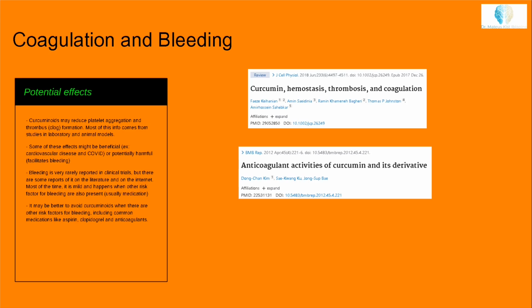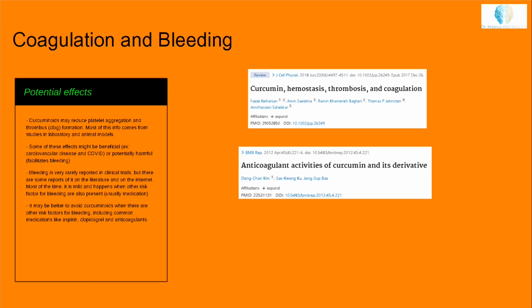Bleeding might happen. In the clinical trial reports, it's very rarely reported. But there are some case reports of it in the literature. And when you talk to people who use curcumin and when you search the internet, people report having bleeding with the use of curcumin. It happens.